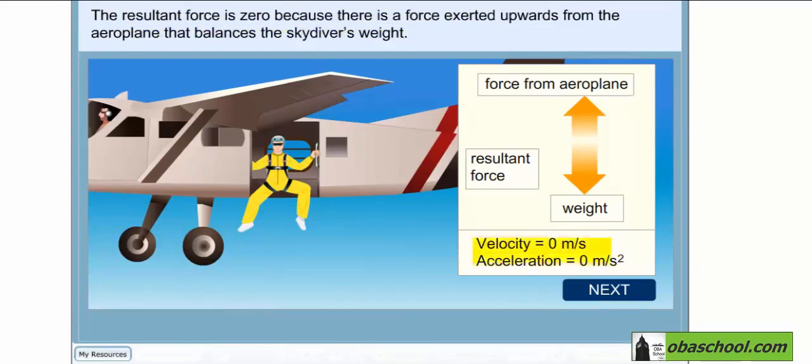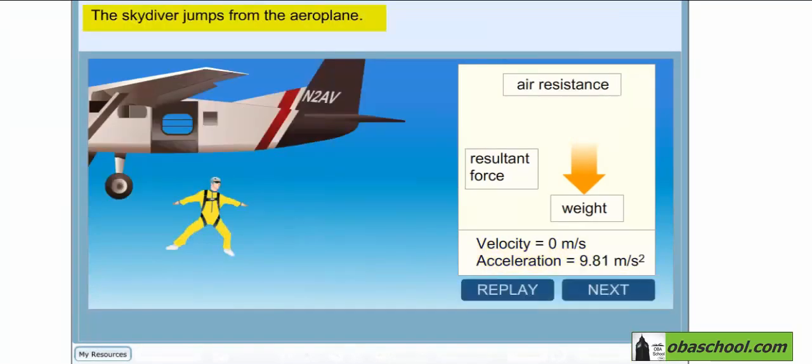Here the velocity is 0 and the acceleration is also 0. Now the skydiver jumps from the plane. At this position, we only have the weight force acting on the parachutist, and the resultant force is downward. We have the velocity 0 meters per second and the acceleration is 9.8 meters per second squared.